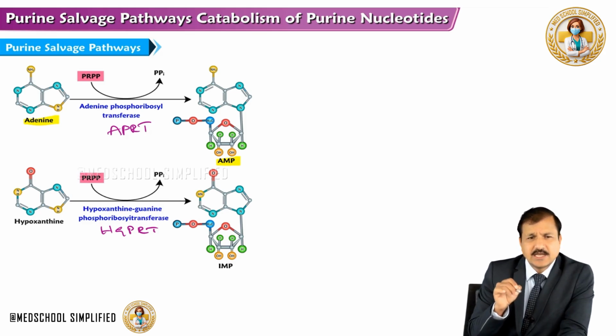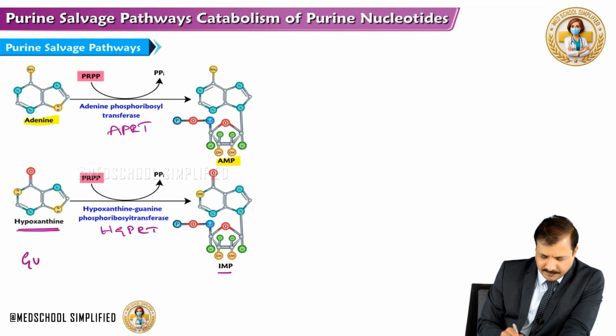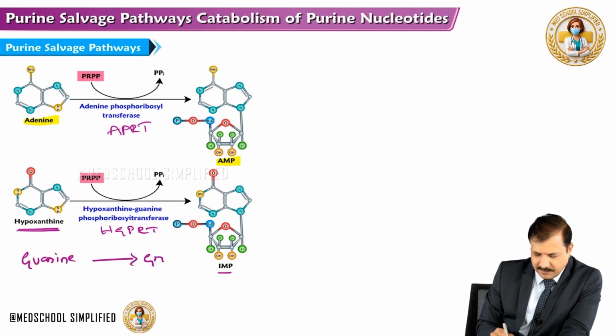So, the enzyme hypoxanthine-guanine phosphoribosyl transferase is converting hypoxanthine into IMP. Similarly, the base guanine is converted into GMP by HGPRT, the same enzyme. So, again PRPP gets into the reaction, going out as PPi.